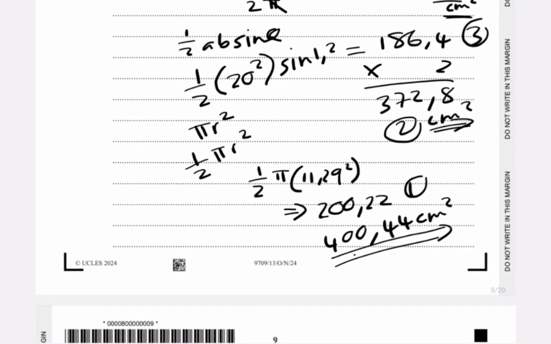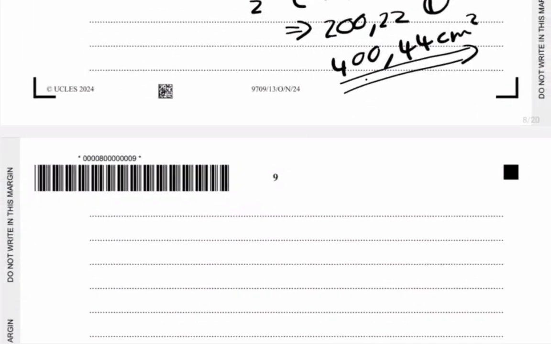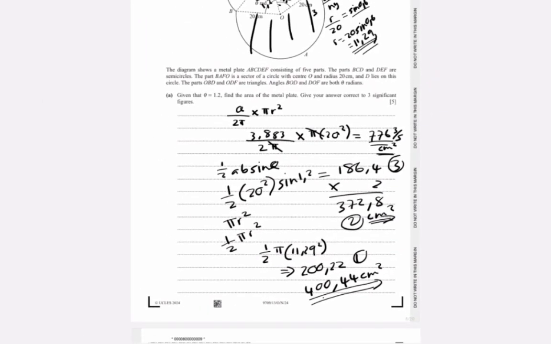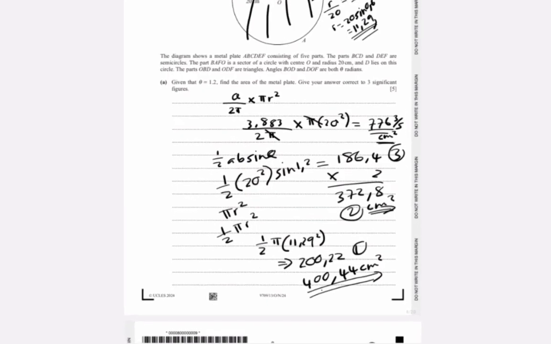So 400.44 plus our 372.8 and our 776 and 3/5, and that is coming down to be 1549.8 square centimeters as the area of the metal plate.